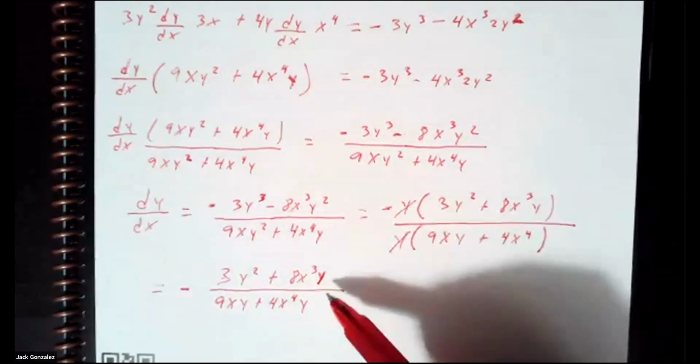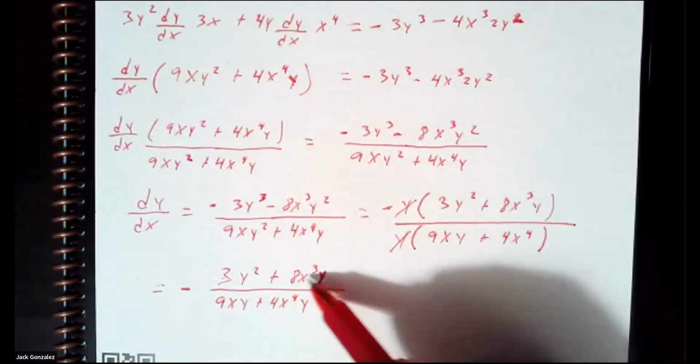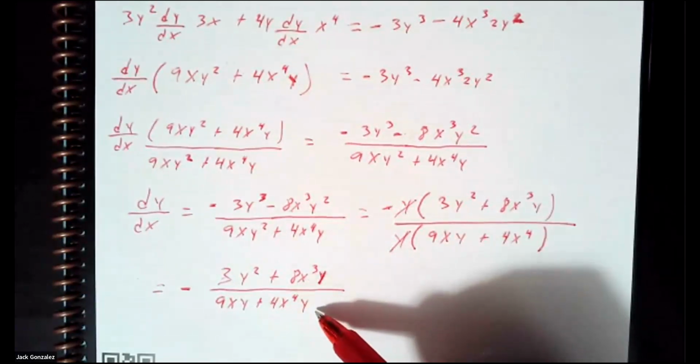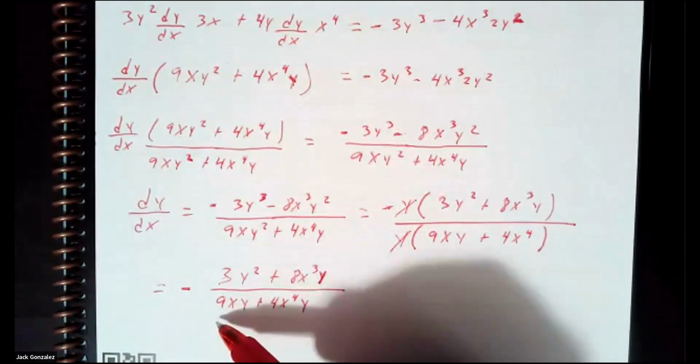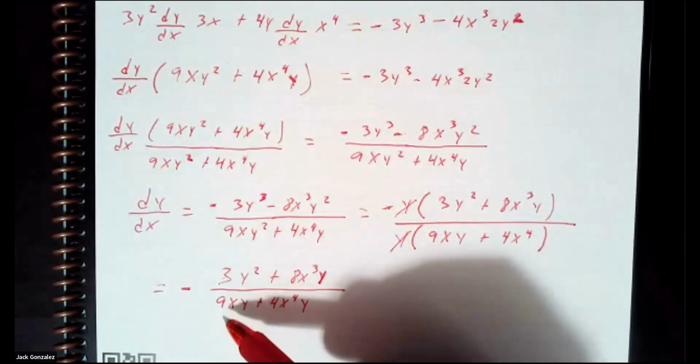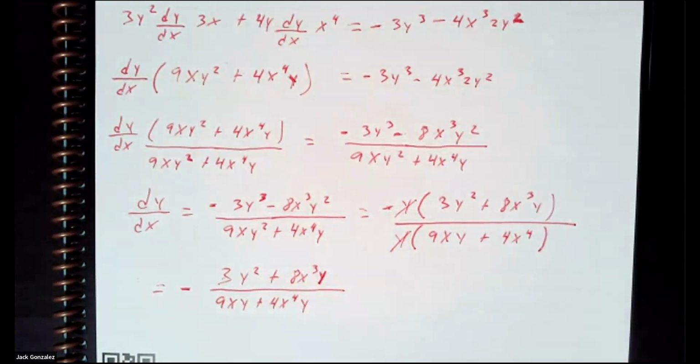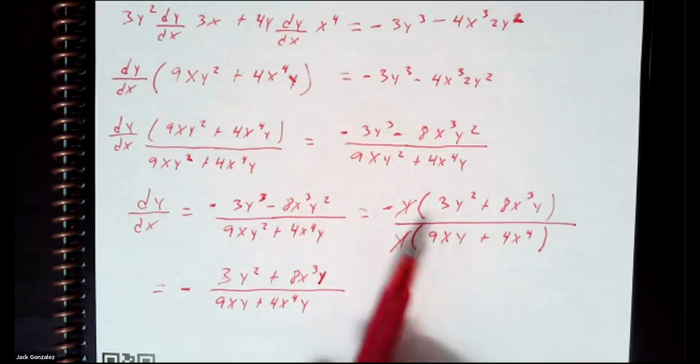Now you see that you can no longer reduce, correct? Yes. I know it's tempting, like, oh, I see that 3 and 9, but don't do it. Can we do that? No, you cannot. Don't do it. It has to be factored out.